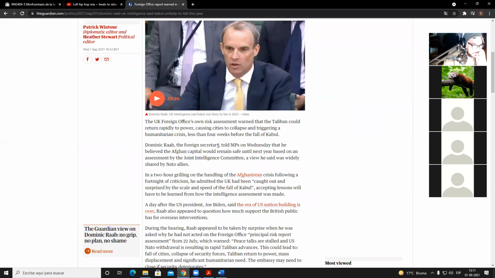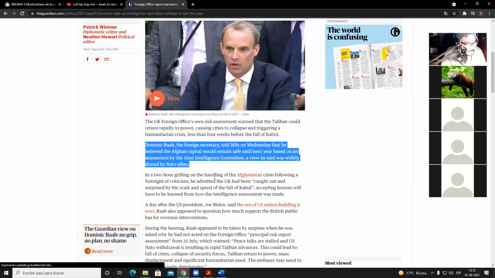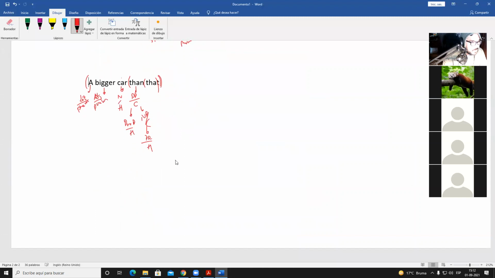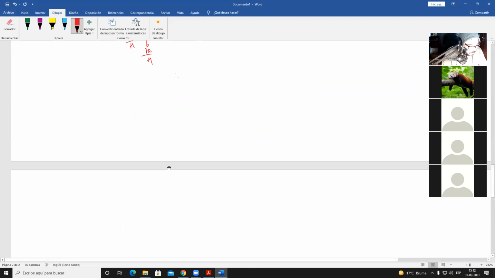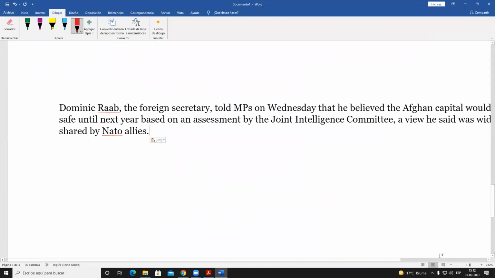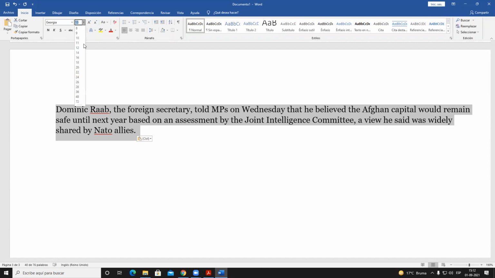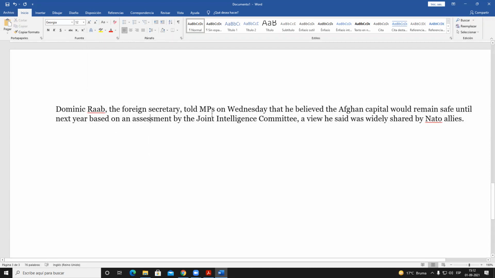Todo esto es solo una oración. Told MPs on Wednesday that he believed the African capital would remain safe until next year, based on an assessment by the joint.